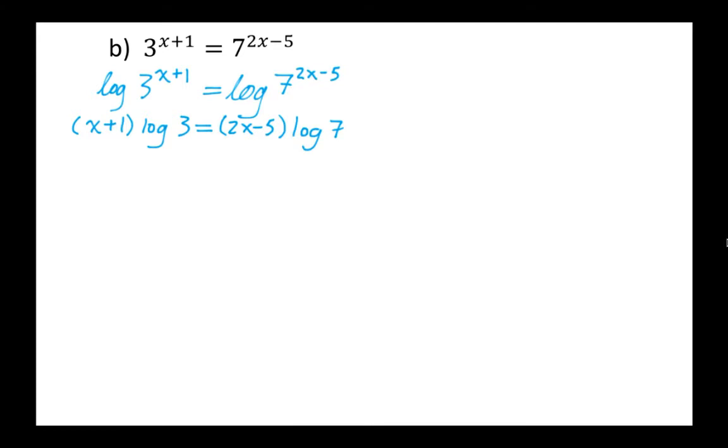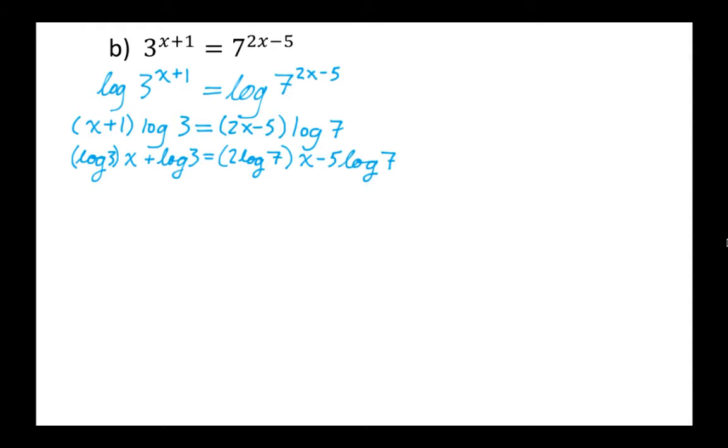And now on the left side I'm going to use the distributive property. I'm going to multiply log of 3 times x, and log of 3 times 1, and add those two things together. So here's what it looks like: log of 3 times x plus log of 3 times 1, which is just log of 3.